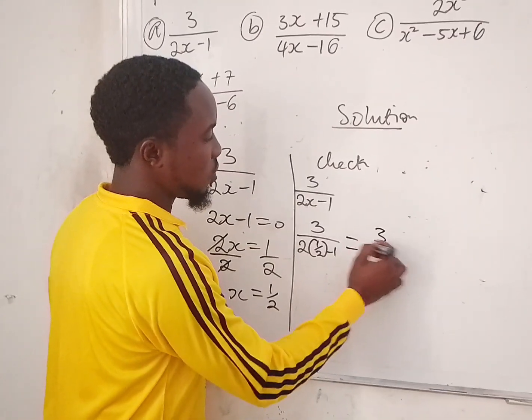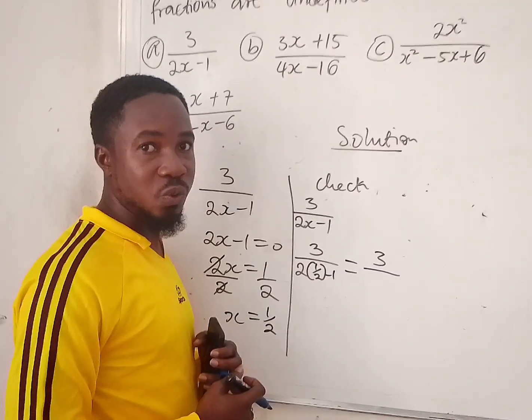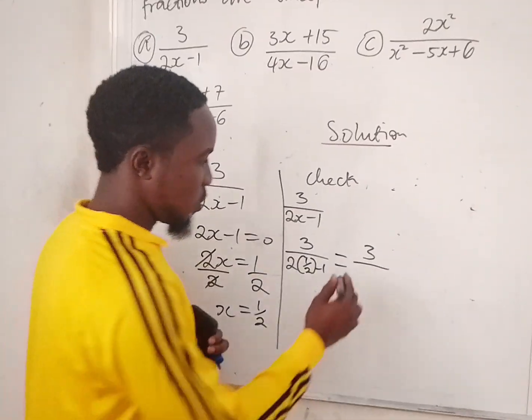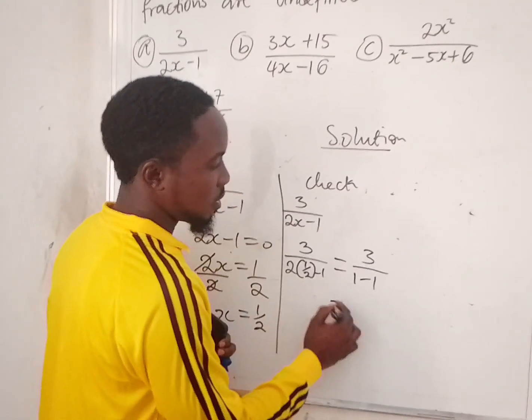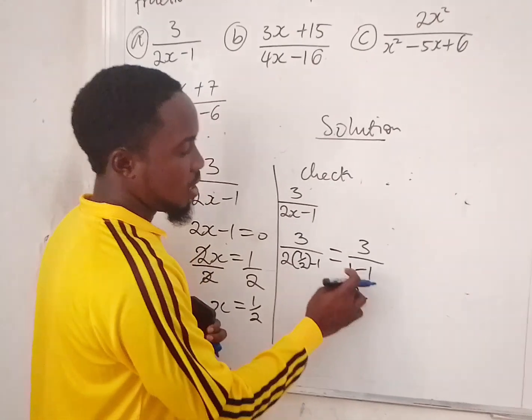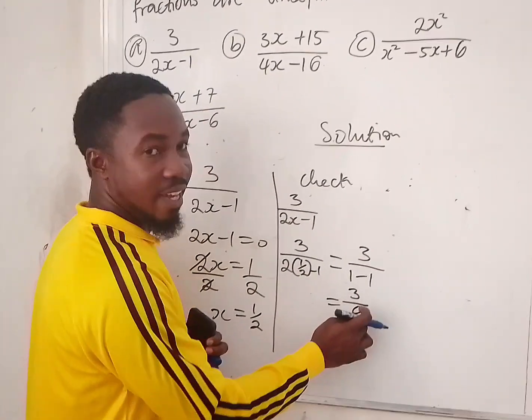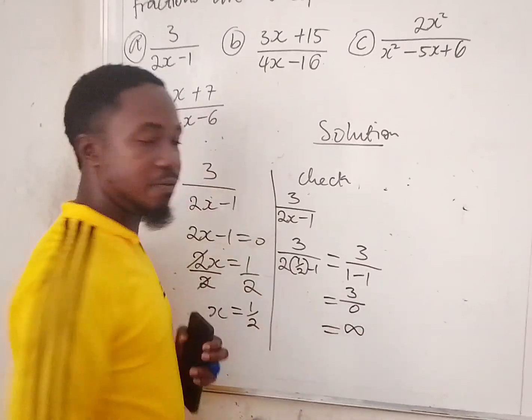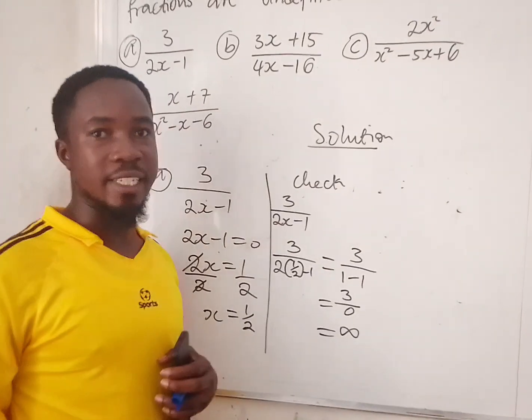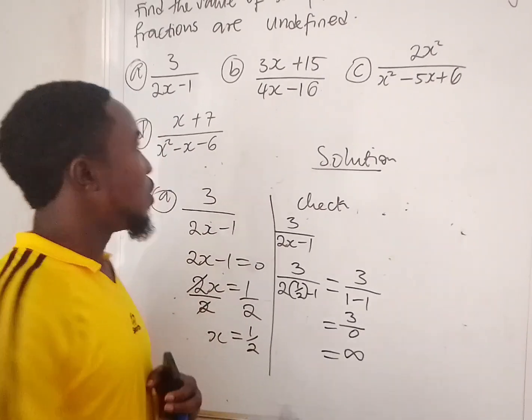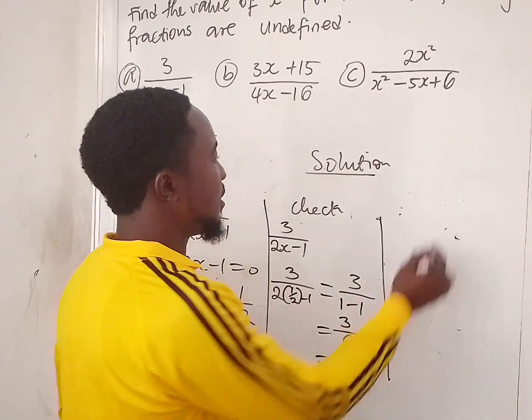So this is 3 over 2 times 1 over 2, which gives us 1, minus 1. Now this is 3 over 1 minus 1, which gives us 0. So 3 divided by 0 will give us infinity or undefined. Is that clear? Good.